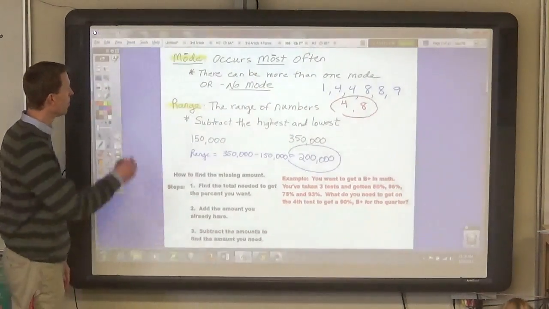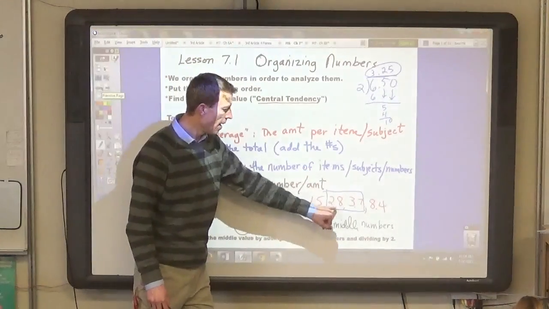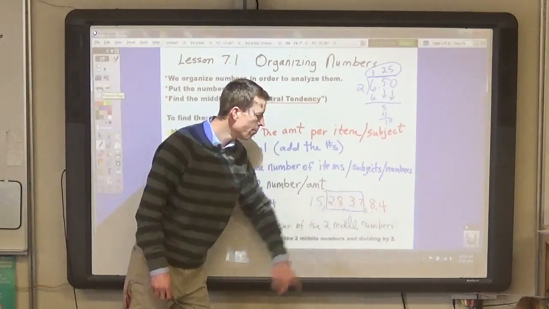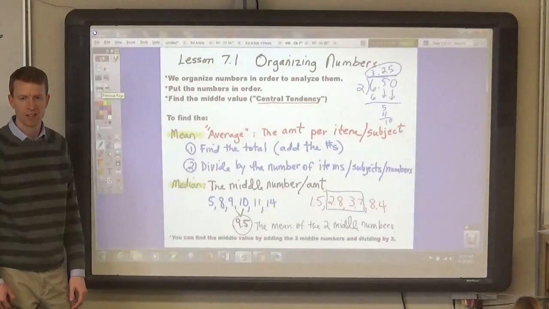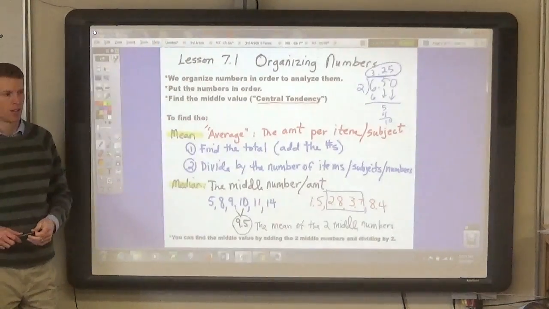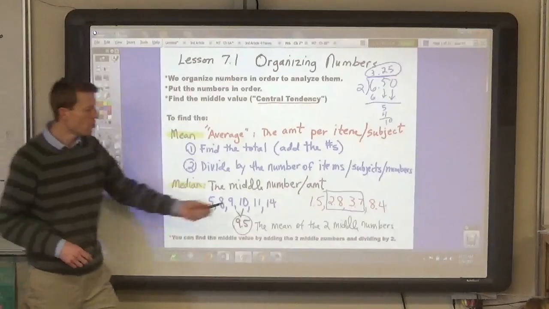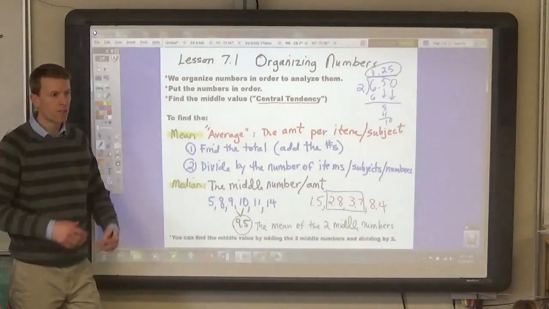I'll give you an example. The last set that we did, 1.5, 2.8, 3.7, 8.4. Is there a mode in that set? Do any of them occur more than another one? No. So there is no mode in this set of data. None of the numbers repeat.